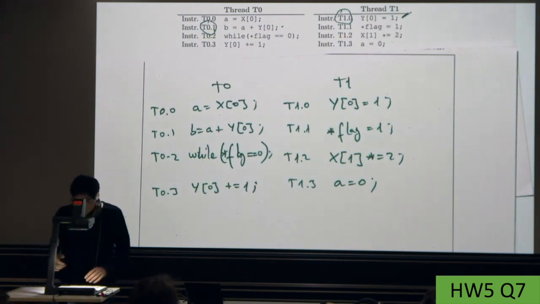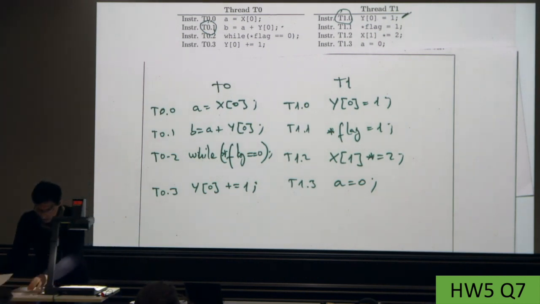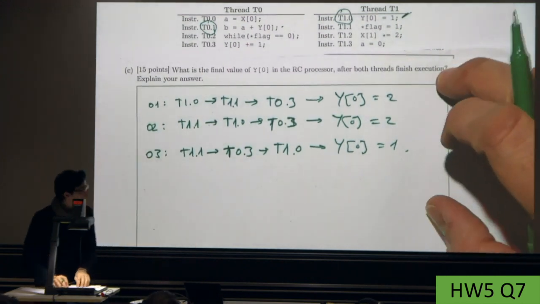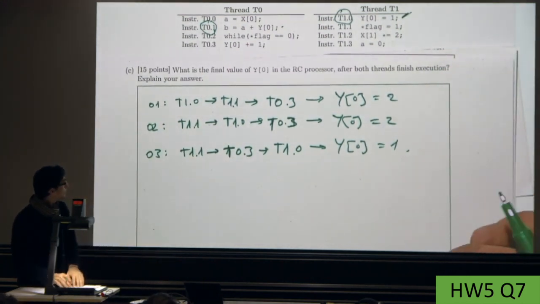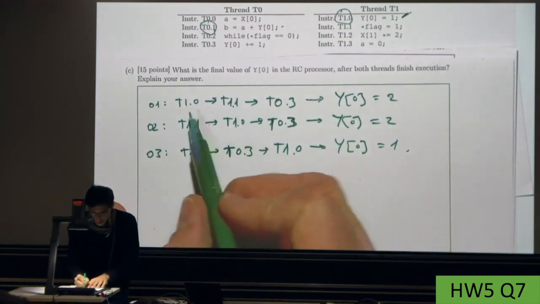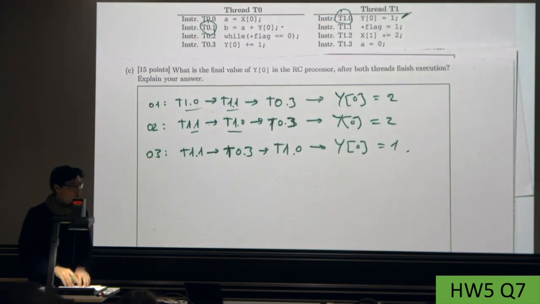So in the end, if we go back to the solution of the previous part C, what we saw is that the problem that we have inside the same thread, inside thread 1, is that there is no ordering enforced between these two instructions.